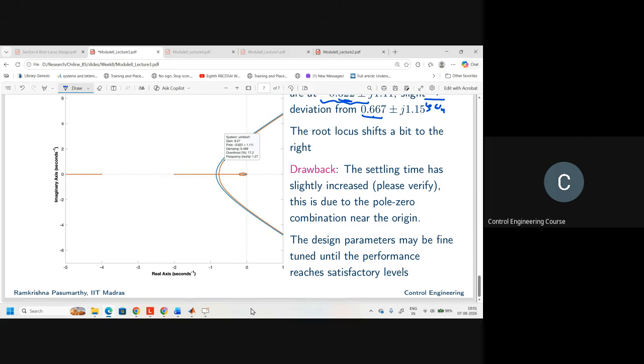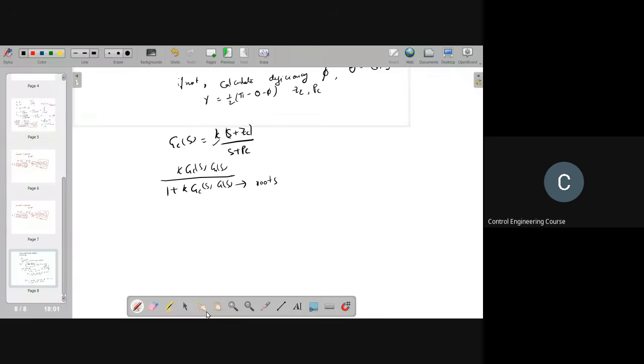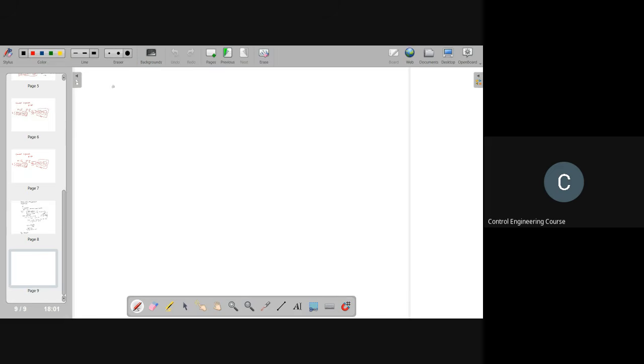Let's have one example. It is given that G of s, last class we took one example, similarly the same transfer function but a slight change in required parameters.